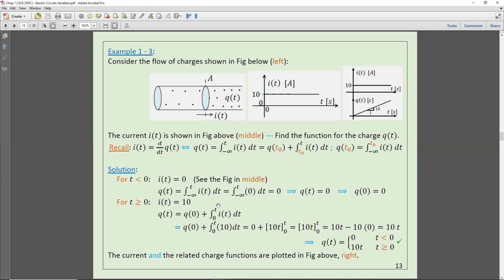So Q of 0 at time 0 is 0, because there was no current before it, plus the integration from 0 to t of 10 dt. As you know, when you integrate a constant value, it should be 10t, which is actually the opposite.